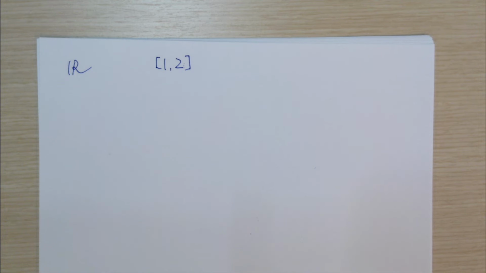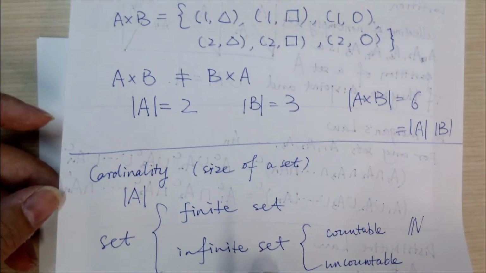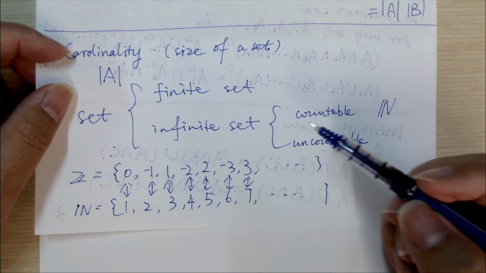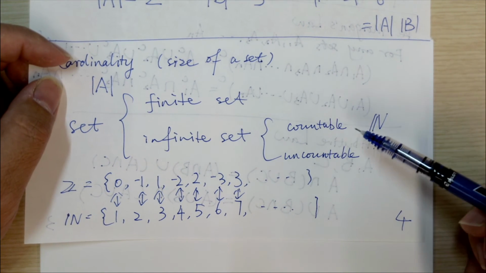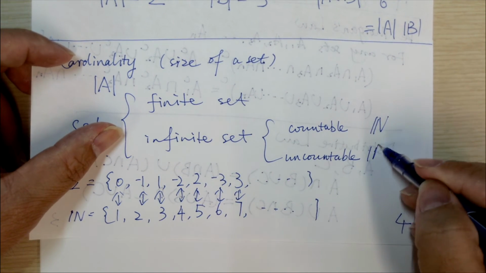There's no way you can start to count it, because there are always numbers between numbers. That's what we call uncountable. So those are the distinctions: a set is finite or infinite, and for infinite, it's countable or uncountable.